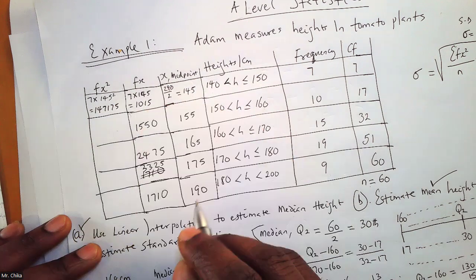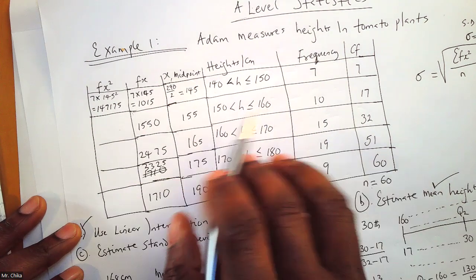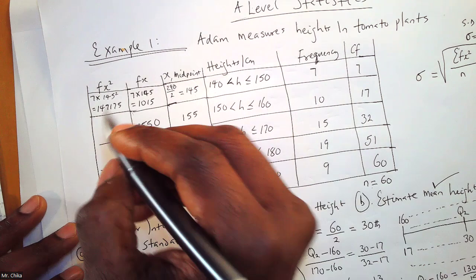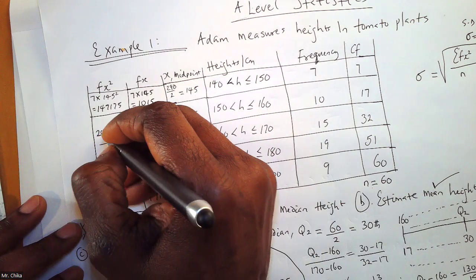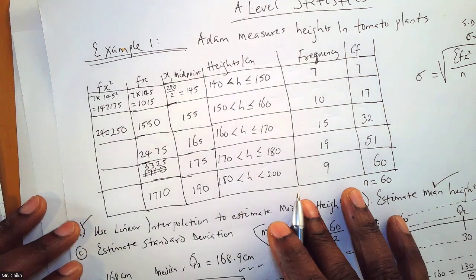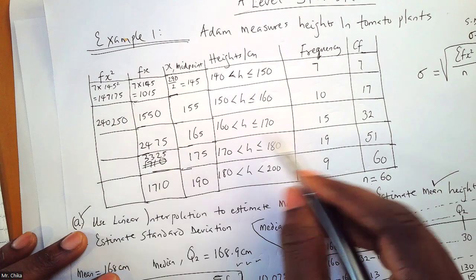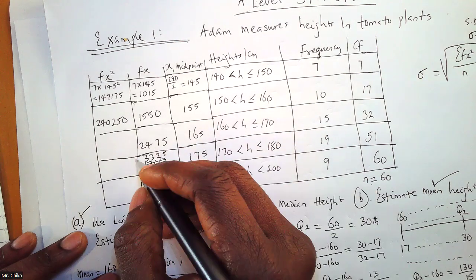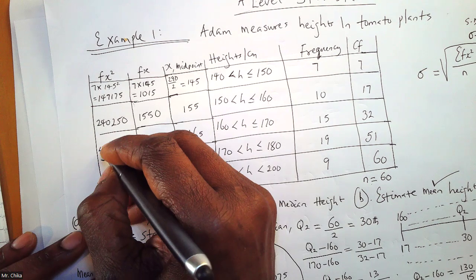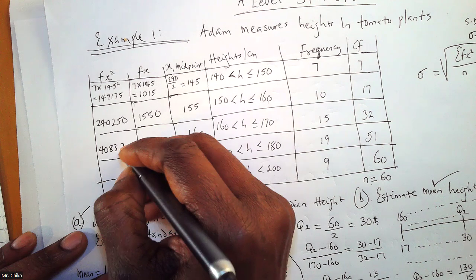That will be equal to 147,175. Then if you do the same thing for 10 times 155 squared, that should give you 240,250. The next one will be 408,375.